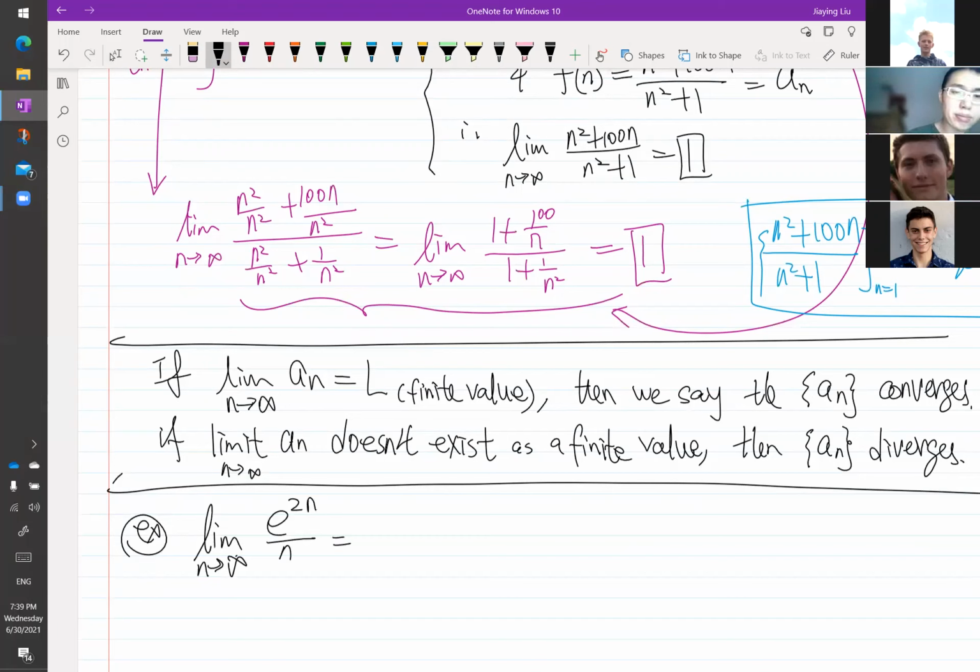So here it's more complicated, right? We can't do the same way we did earlier by dividing by n or something like that. It doesn't work that way.